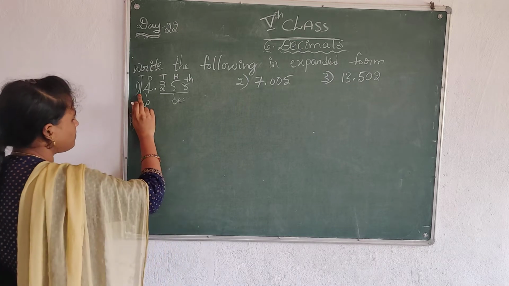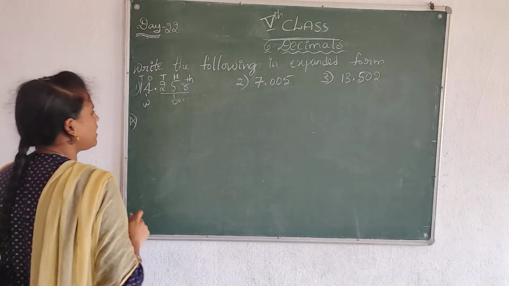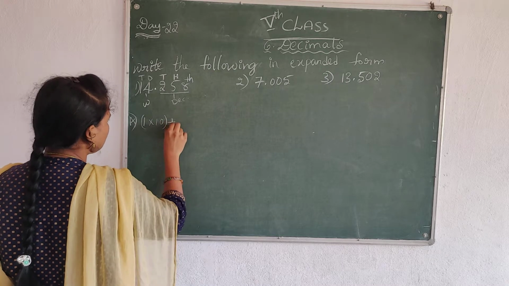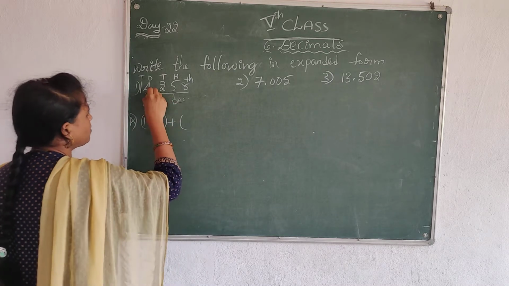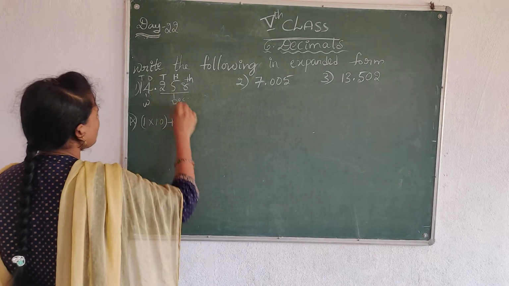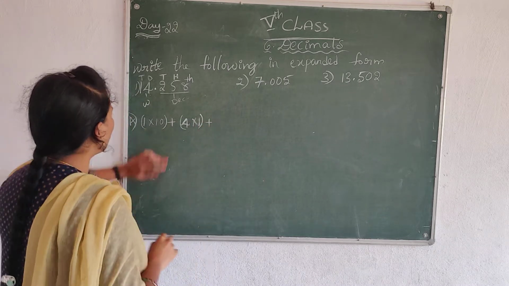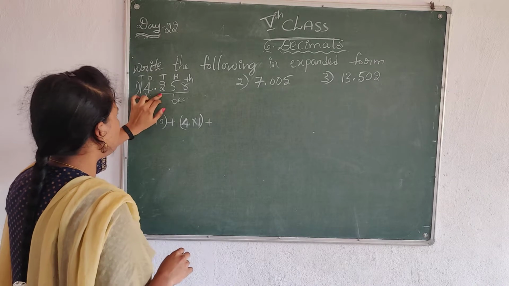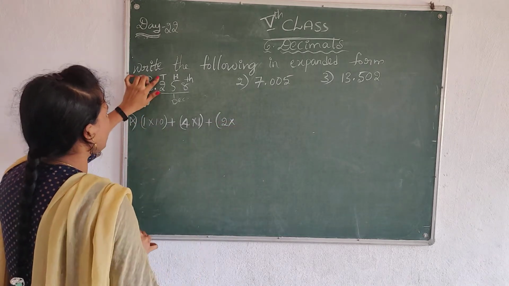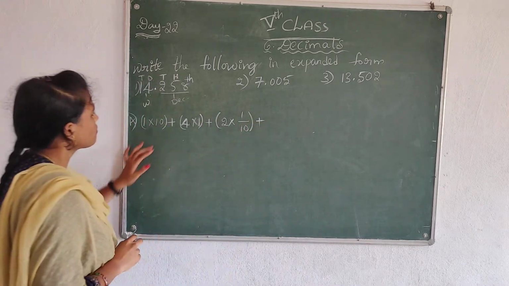Let's see the first number, 1, and the place value, tens. 1 tens equals 1 into 10 plus, next the number is 4 and the place is ones. 4 into 1 plus, the second number after the point is 2, 2 into tens. Tens means 1 by 10 plus 5.